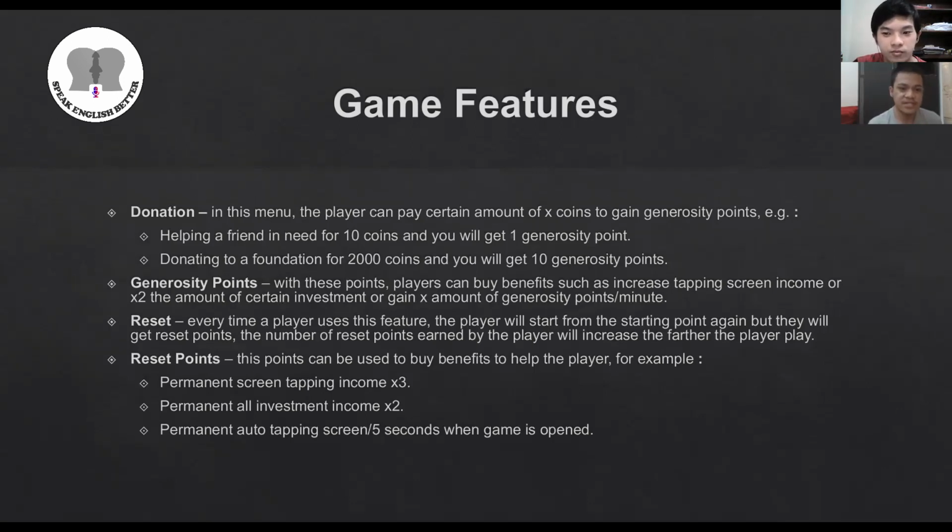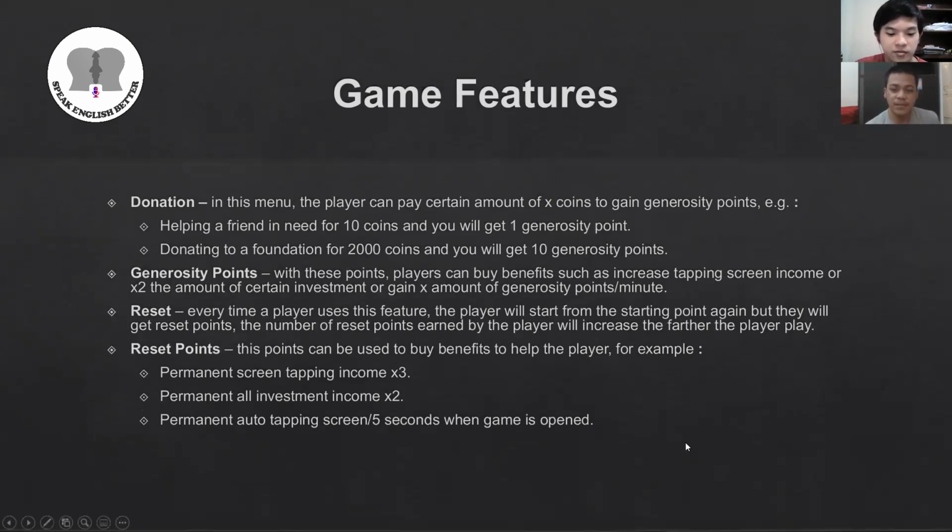First is donation. In this menu, the player can pay a certain amount of X coins to gain generosity points. There are two ways to gain generosity points. The first one is helping a friend in need for 10 coins, and you will get 1 generosity point.